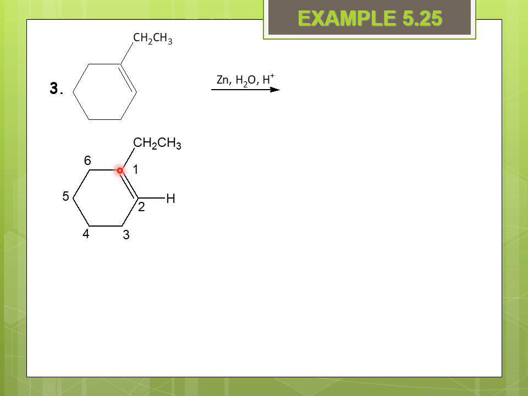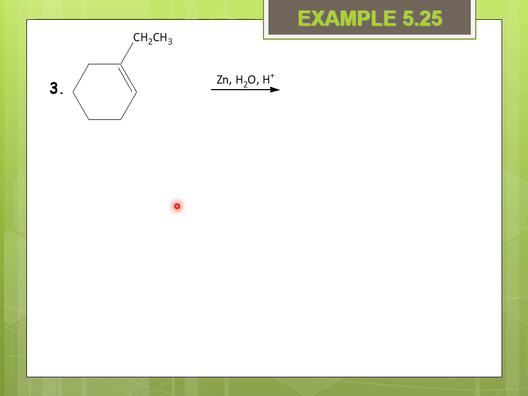This is carbon number 1 where ethyl is attached to it. So this part would become a ketone because there is 1R, the ethyl, and the other one is the cyclic. Whereas carbon number 2 is going to have a part where it is an aldehyde.